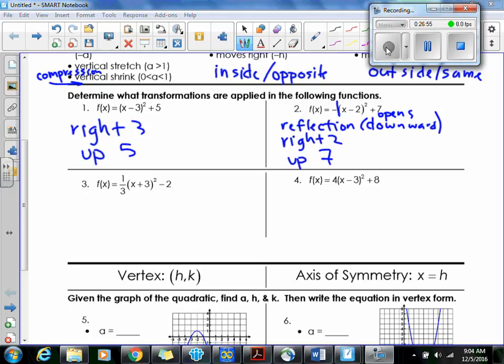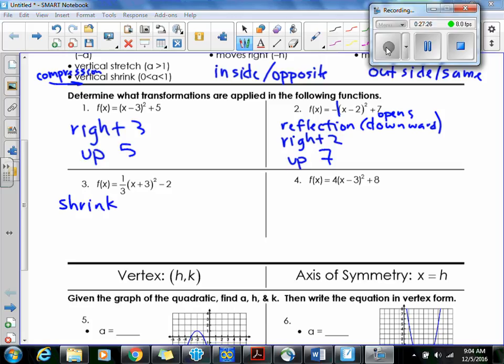So 1/3, is it bigger than 1, or is it between 0 and 1? Okay, so it's going to be a shrink because it's between 0 and 1. So 1/3 means it's a shrink.